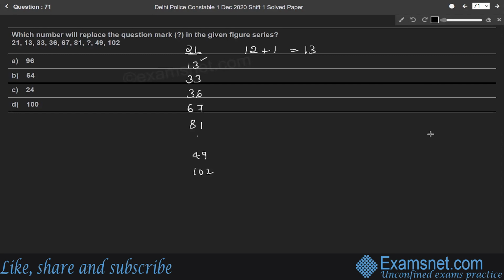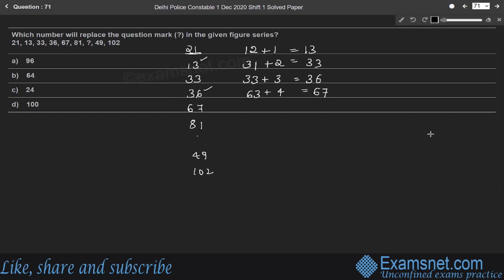If the next number 13 is written in reverse manner, 31, and we add 2, we will get the next number, which is 33. So the reverse of 33 is 33 itself. So add the next number, 3. We will get 36, which is the next number. So the reverse of 36 is 63 plus 4 is 67.